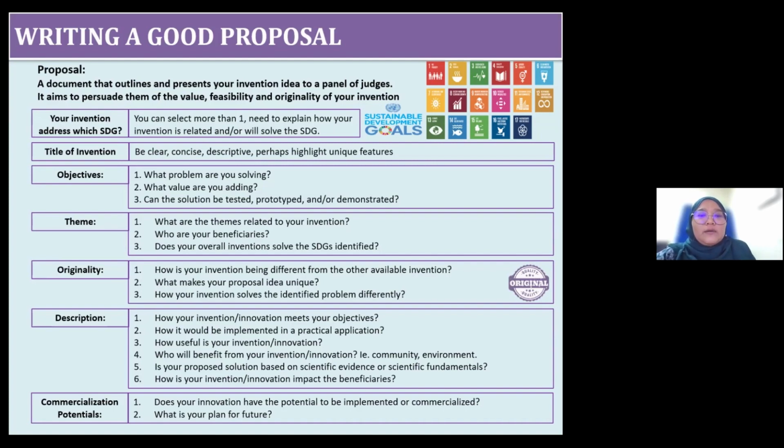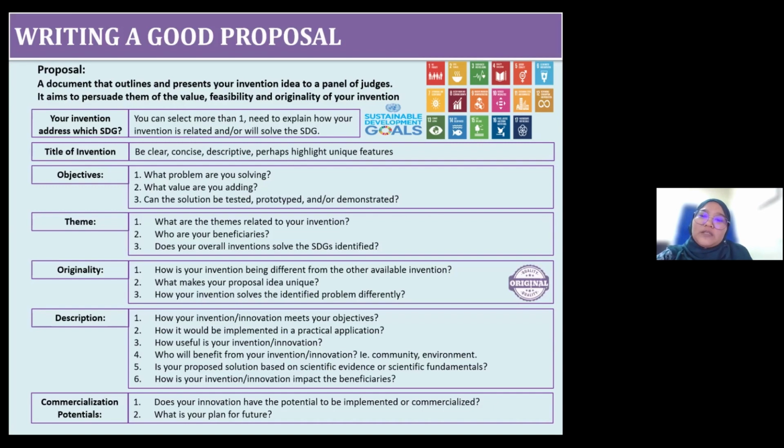I'm showing you a few subcomponents that we are going to look for in the proposal for our YIC. First, you have to address the SDG of your invention.